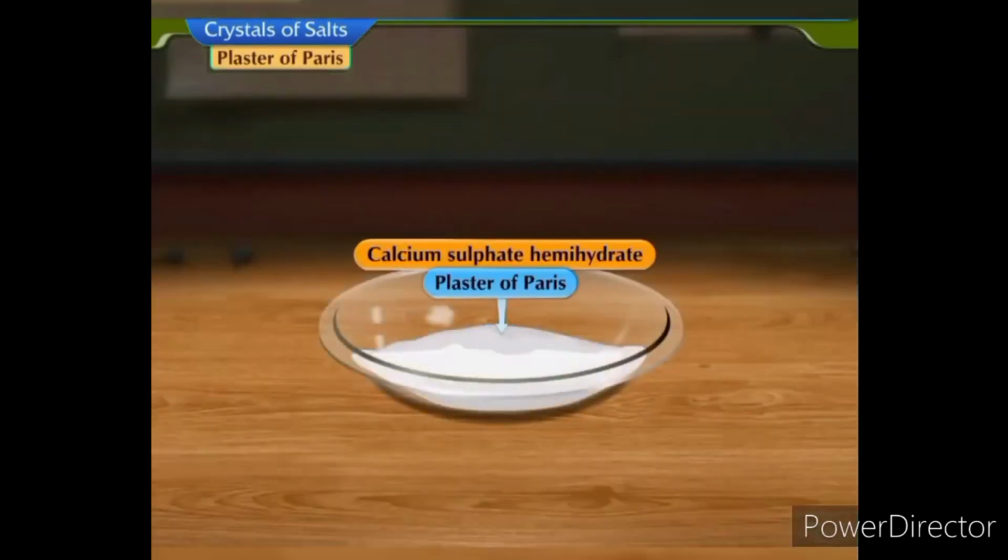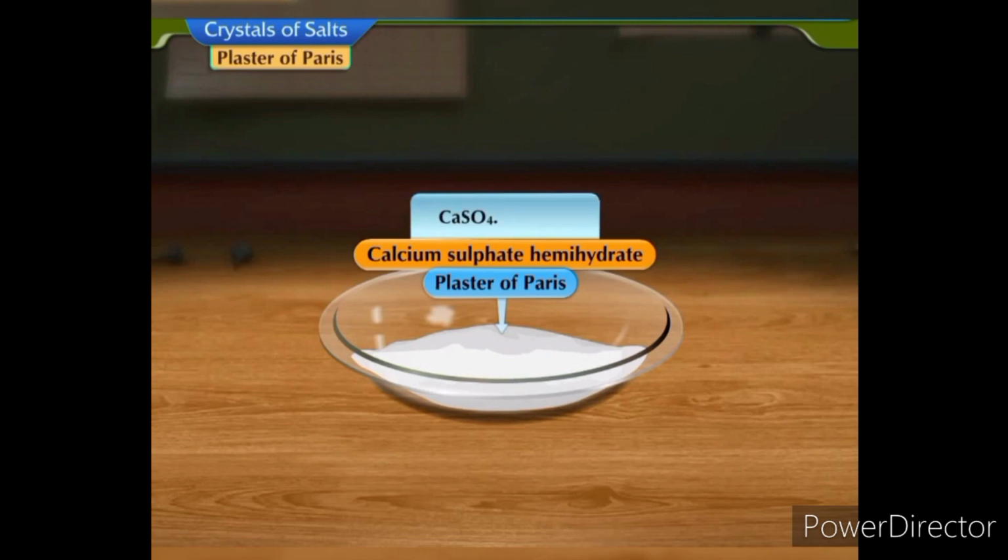Plaster of Paris. Plaster of Paris is calcium sulfate hemihydrate. Its formula is CaSO4.½H2O.